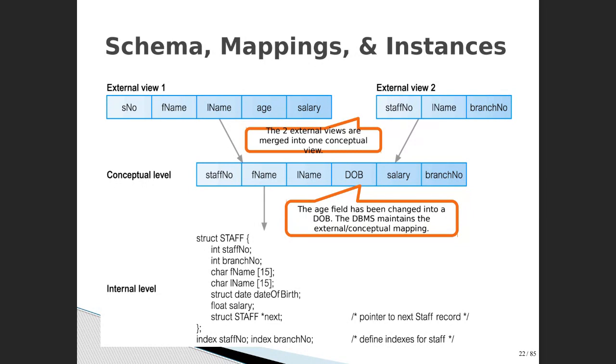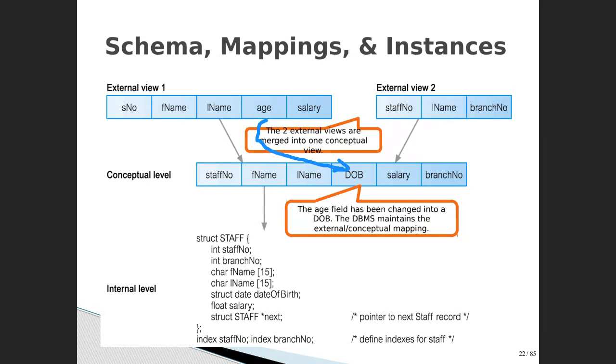As we mentioned, the age here will be derived. See, this is what I meant by having a derived attribute based on an existing attribute in the conceptual level. So derived in the external level can be calculated based on an existing attribute or existing record, let's say.